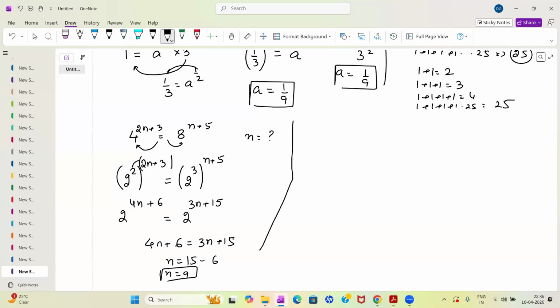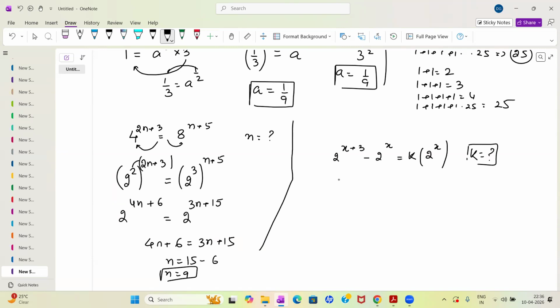One more question. 2 to the power x plus 3 minus 2 to the power x is equal to k times 2 to the power x. What is the value of k?